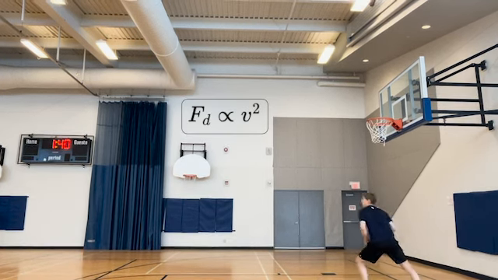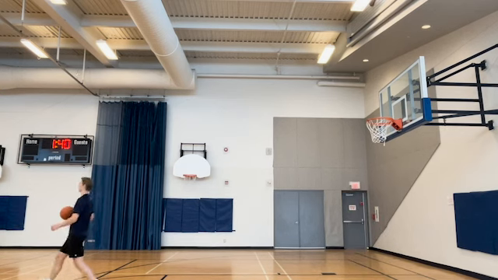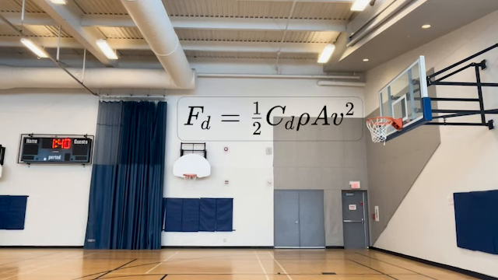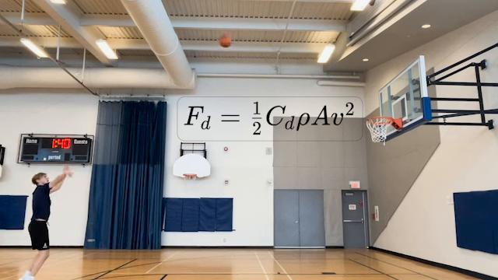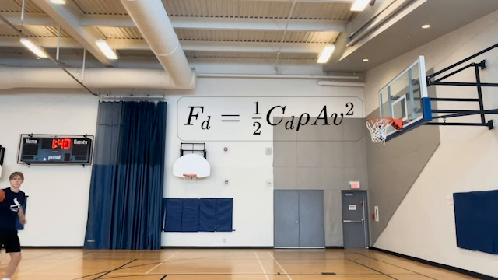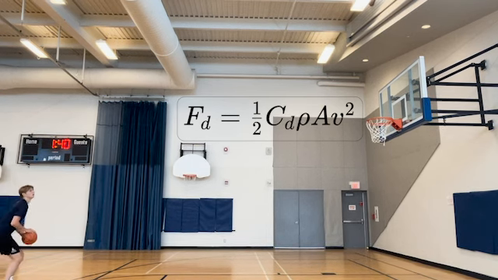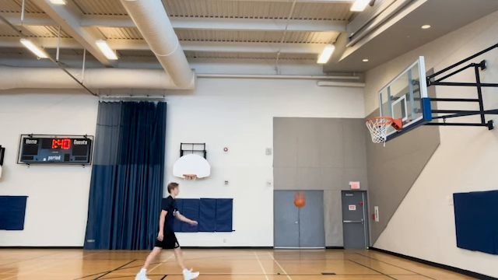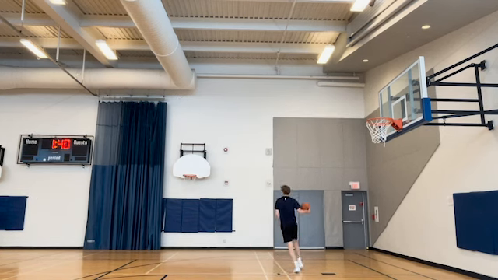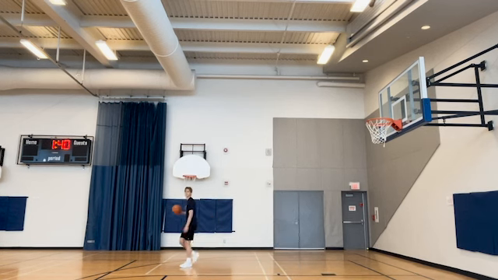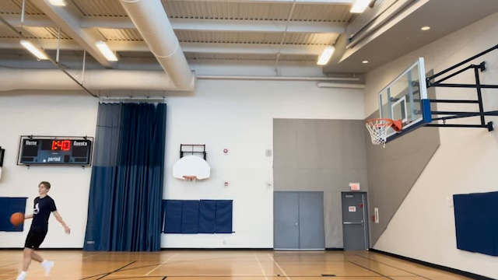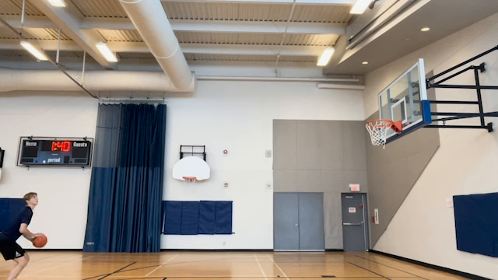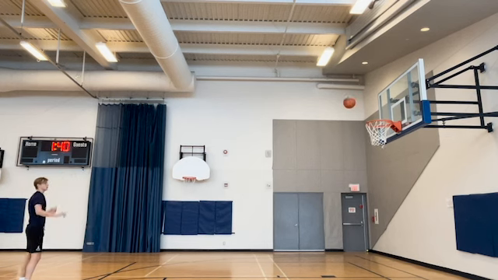Roughly, force of drag is directly proportional to velocity squared and follows F_drag equals half the coefficient of drag times the density of the fluid it's in times the area times velocity squared, with the coefficient of drag being around 0.5 for a sphere. At around 8 meters per second, a basketball's drag might only be a few newtons, but it does slightly shorten the flow.